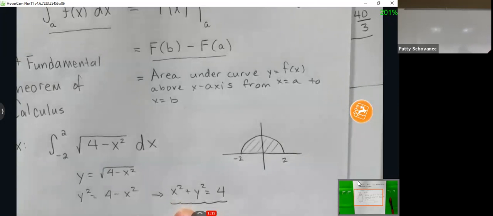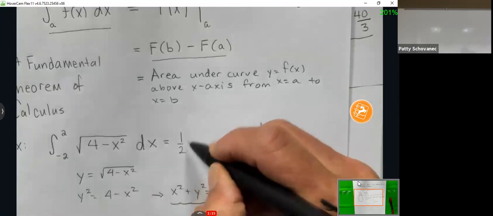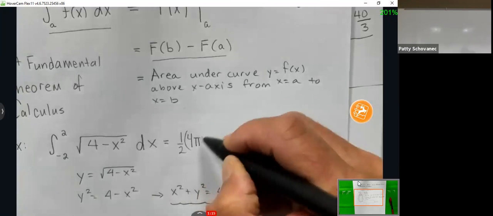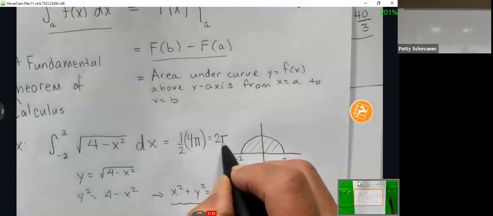The area of a circle of radius 2 is pi times 2 squared. So 4 pi is the whole area. And since I only have the top half of the circle, I have to cut that in half. So the value of this integral is going to be 2 pi.